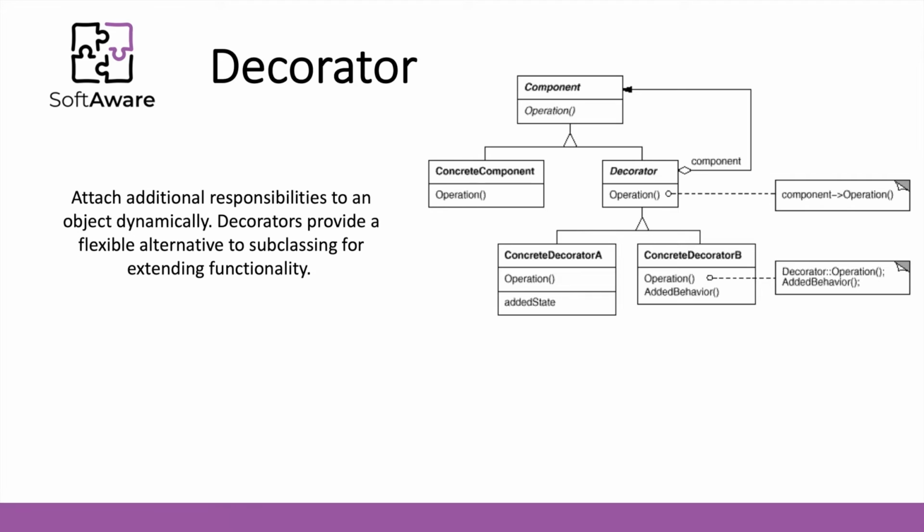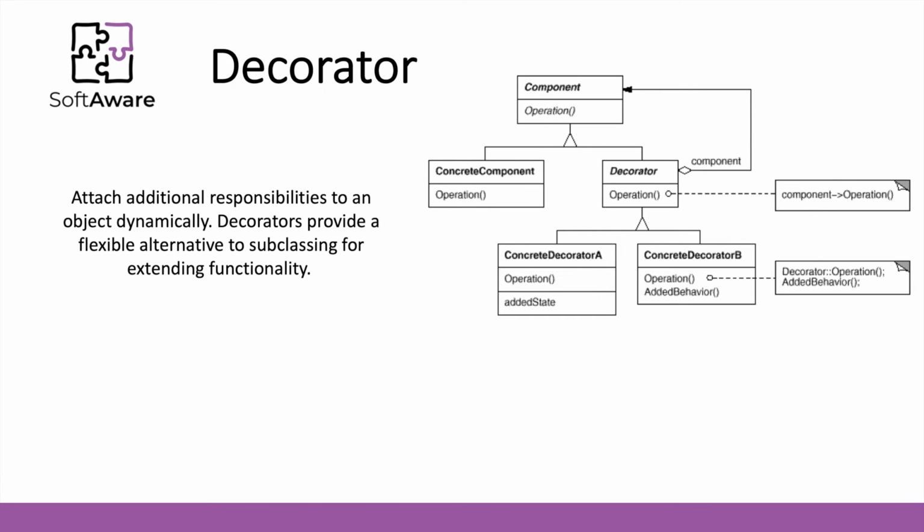Use the decorator when you want to add responsibilities to individual objects dynamically and transparently, that is, without affecting other objects, for responsibilities that can be withdrawn, and when extension by subclassing is impractical. Sometimes a large number of independent extensions are possible and would produce an explosion of subclasses to support every combination, or a class definition may be hidden or otherwise unavailable for subclassing.